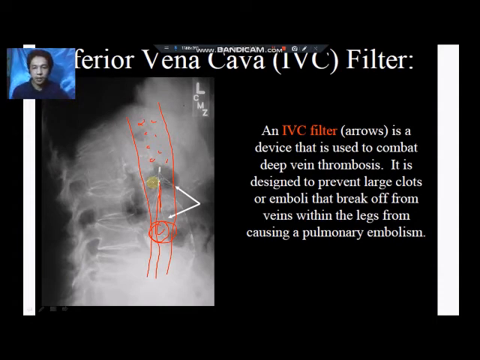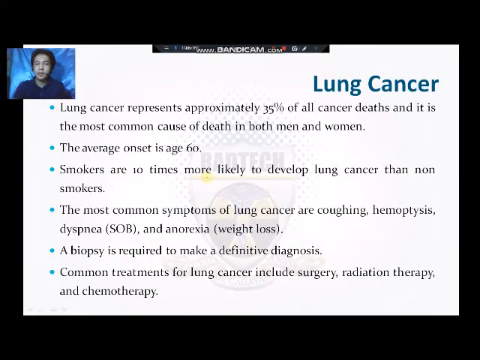The more DVT you have, especially in both legs, the greater the possibility that a patient, a person, will develop a pulmonary embolus.